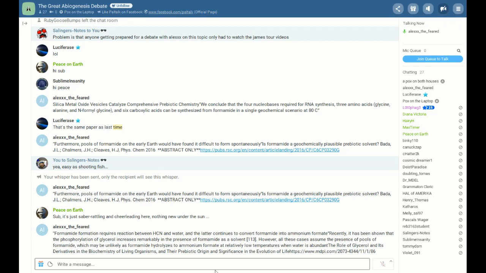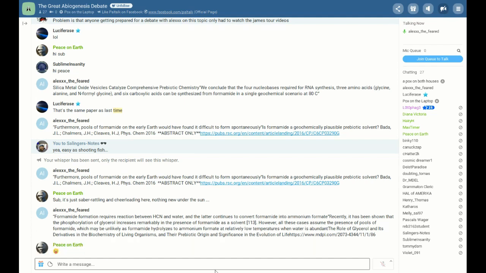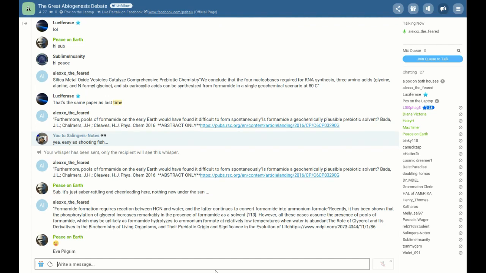However, all these cases assume the presence of pools of formamide, which may be unlikely as formamide hydrolyzes to ammonium formate at relatively low temperatures when water is abundant. Remember, your model takes place underwater. So unless that water is somehow eliminated, and you mentioned microdroplets, and maybe that's a solution, formamide in the presence of water is going to hydrolyze into ammonium formate, right? So that'll disappear quite quickly if underwater.